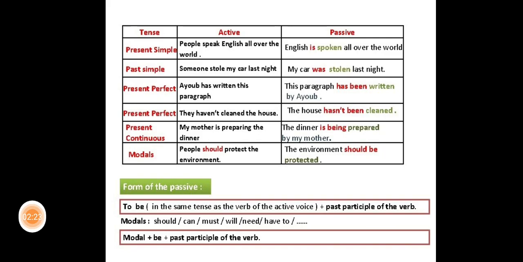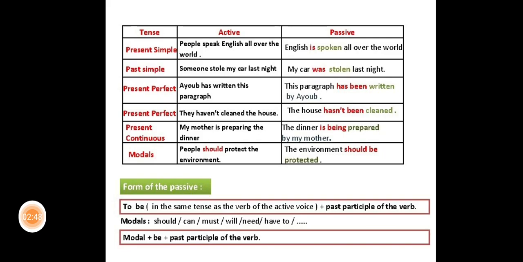That's it. The basic tenses include present simple, past simple, present perfect, past perfect, and present continuous. Also, we have past continuous and future. So we have the tense, the active form, and then the passive form.